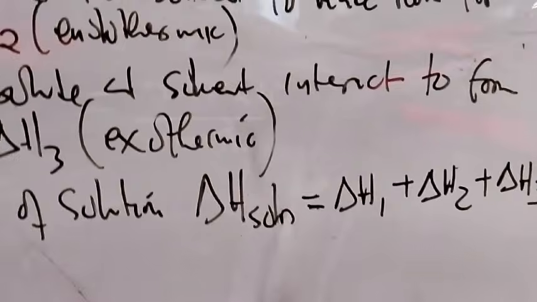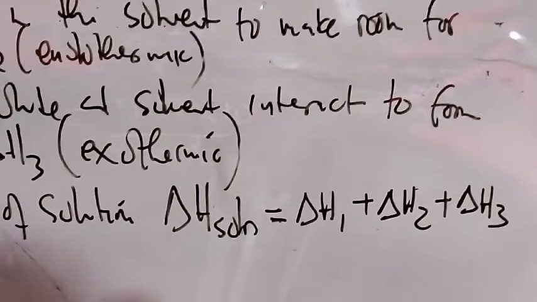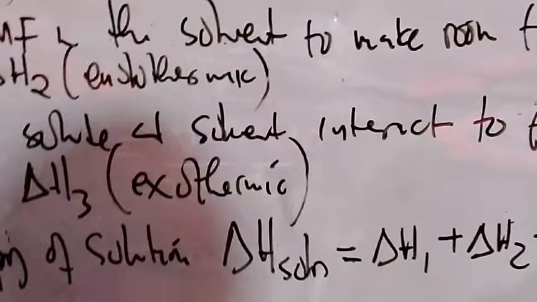So it's a summation. It's a sum of the individual enthalpies. So that is the enthalpy of solution. You add delta H1, delta H2, and delta H3.